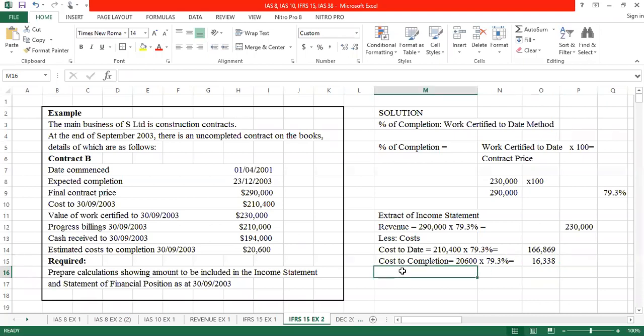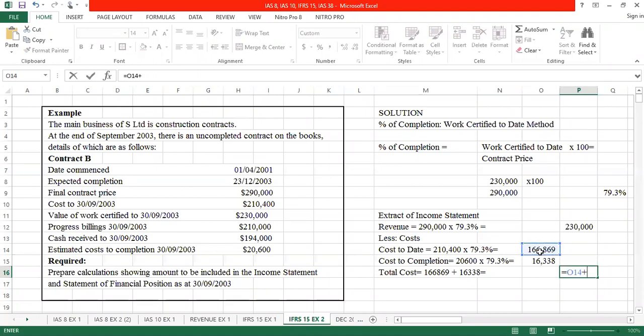So what is the total cost? Total cost will be equal to 166 plus that, 338. I'm just writing that. I know I can add, but I'm just showing it so that you can quickly identify it when you are revising. So what will be our profit?